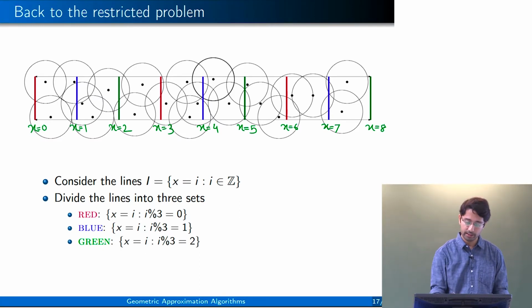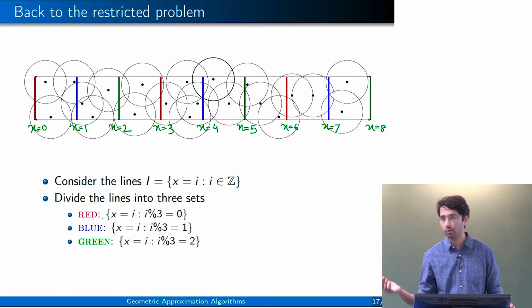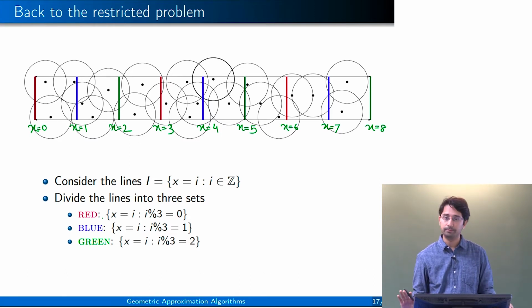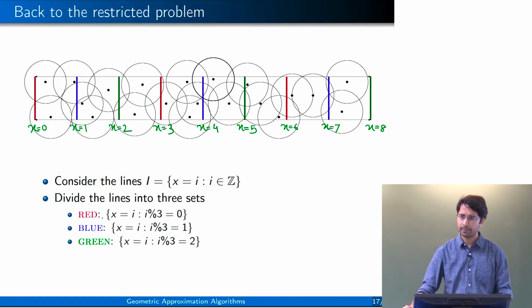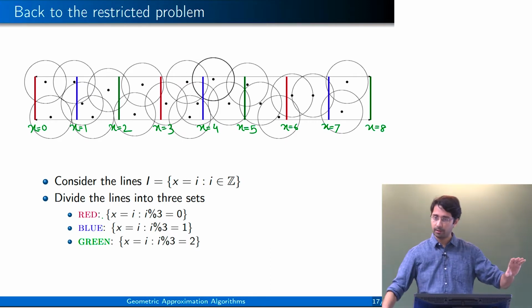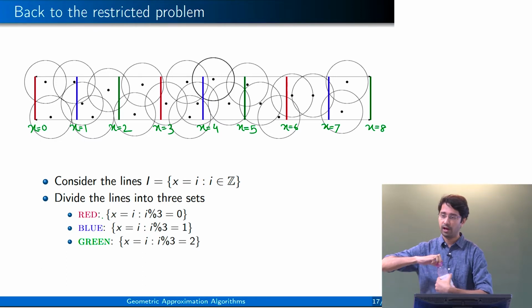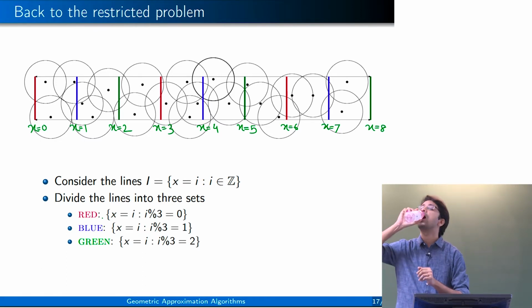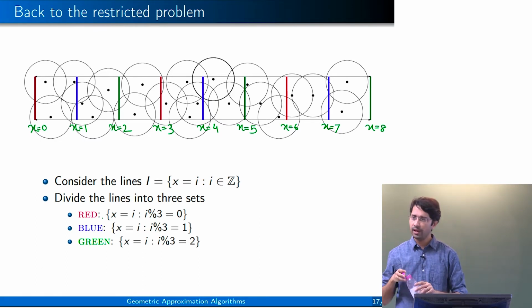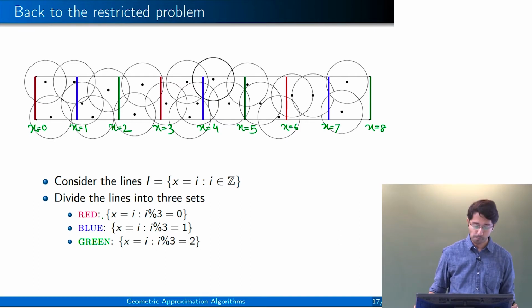If the remainder is 0, I am calling it red, if it is 1, I am calling it blue, if it is 2, calling it green. Okay. This is a long strip, I have just drawn a sample of it. I can do that, right, very good.